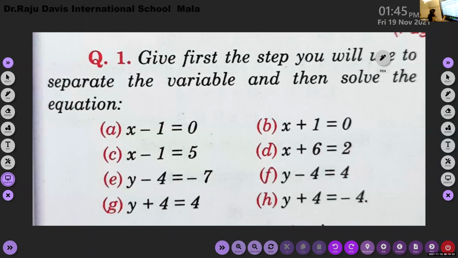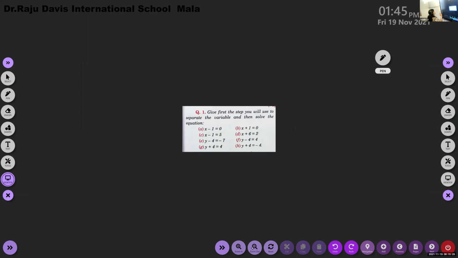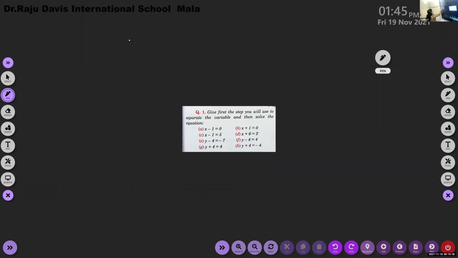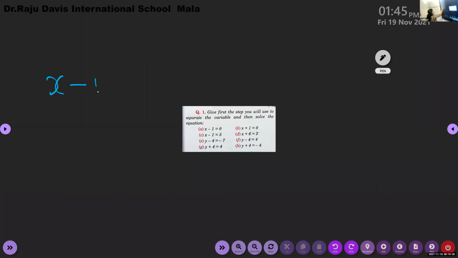First problem, children, it is x minus 1. I'll just zoom in. Zoom out. Okay. First problem, it was x minus 1 is equal to 0. When I'm transposing the number, this minus 1 I will transpose to this side.